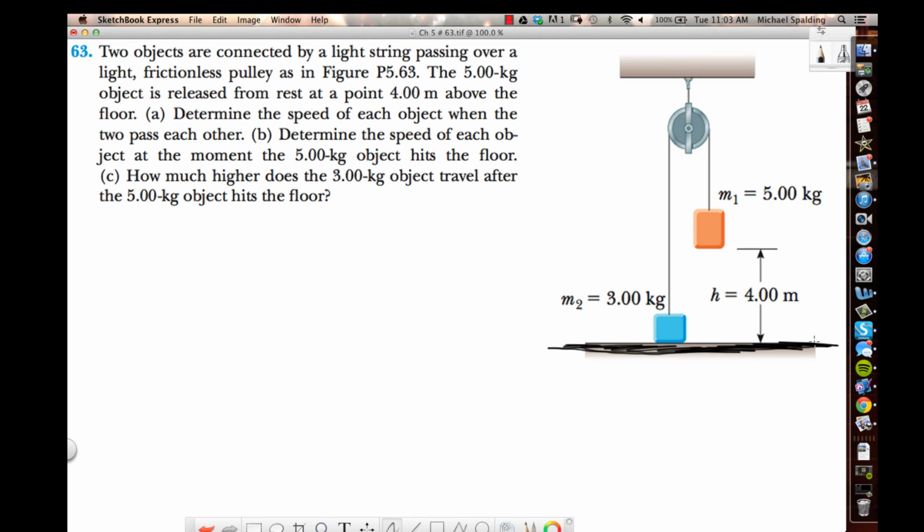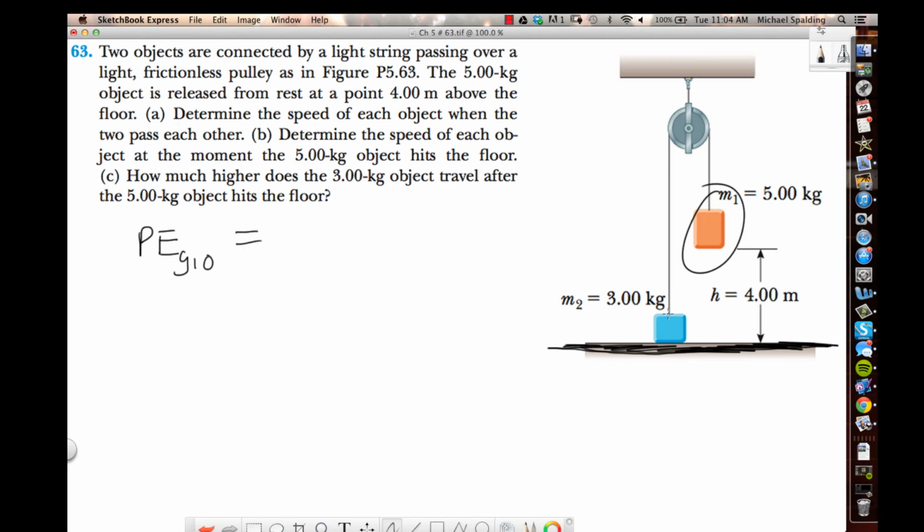So what's the only energy we start with in this problem? Potential of gravity 1 initial. There's no kinetics, there's no motion. The only energy we start with is potential of gravity for object 1.